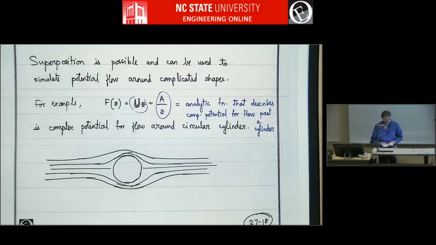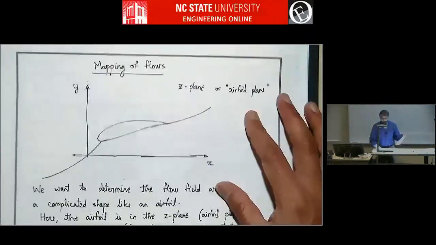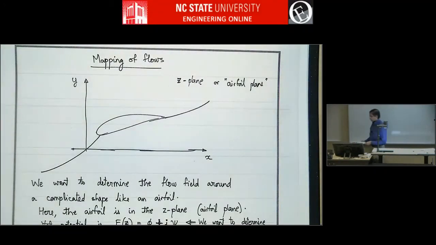Okay, so that was a quick run through what is the connection between analytic functions and two-dimensional potential flows. So now we are going to go to mapping. We're going to go to mapping of flows. So eventually that's what we want to do, right? We want to take flow past a circular cylinder and morph it and make it flow past an airfoil.